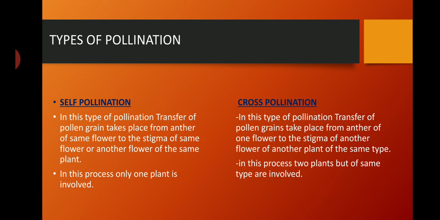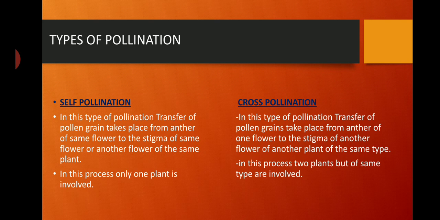Over here there will be two plants involved, but both the plants will be of the same variety. Rose or jasmine, both will be rose, both will be jasmine. In this case, the pollen grain from plant 1 will transfer to the stigma of the other plant, that is plant 2. In this process, two plants but of same type are involved.